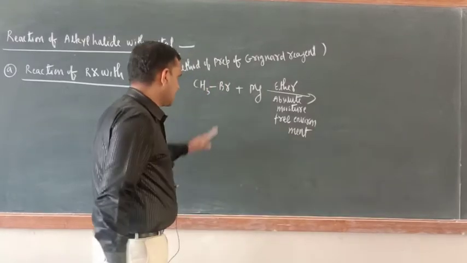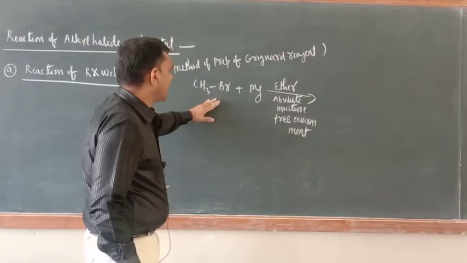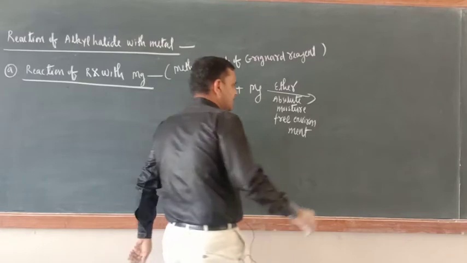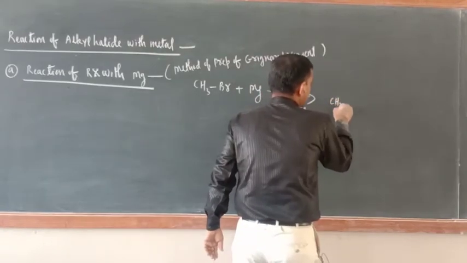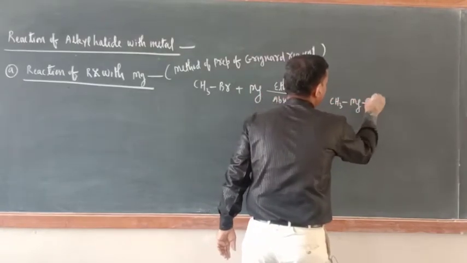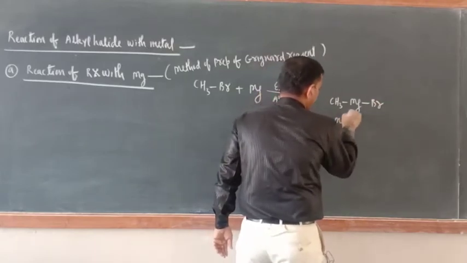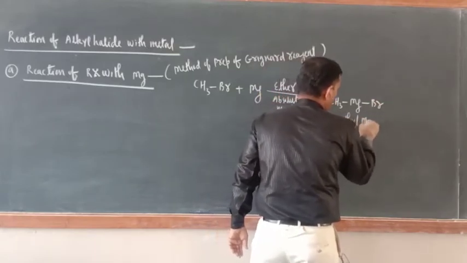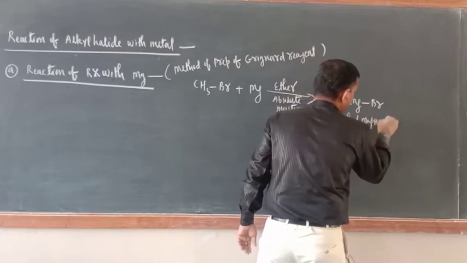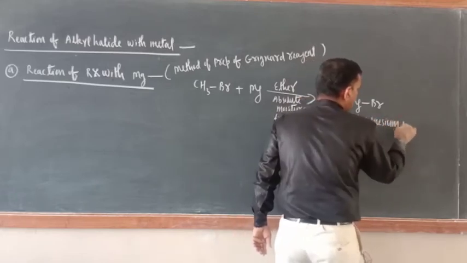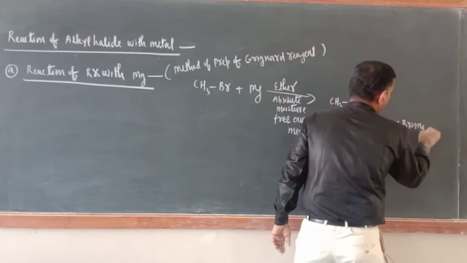Now just see. This compound, this is methyl bromide. It will react with the magnesium. And what will it form? CH3MgBr. What is the name of this one? Methyl magnesium bromide.